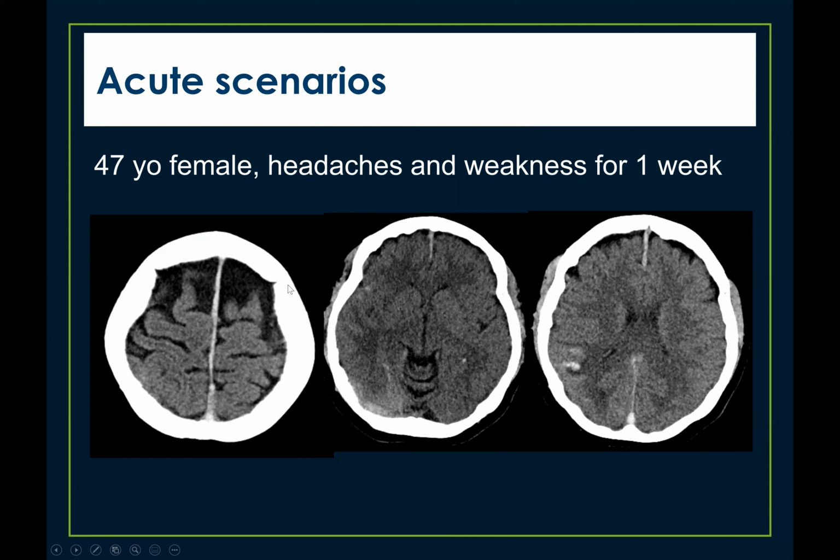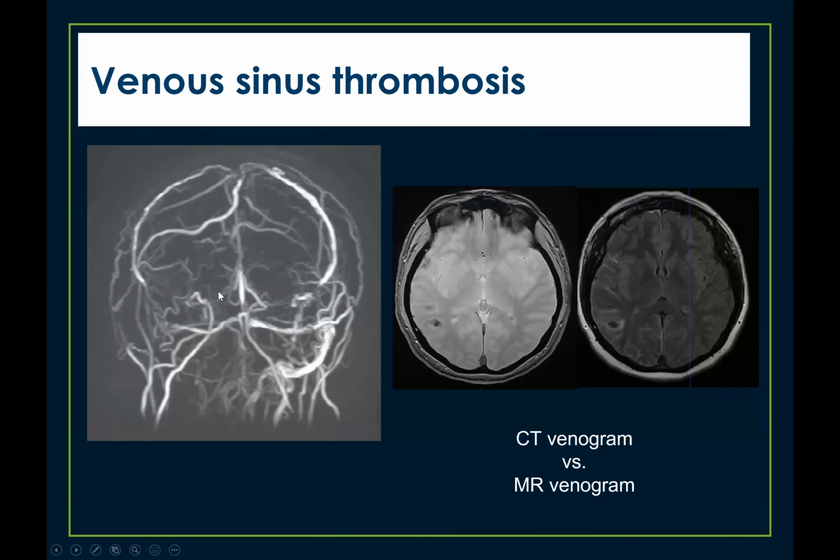What would give us all these findings? Venous sinus thrombosis should be thought of, and sure enough, there is hyperdensity, like a fresh clot in the superior sagittal sinus. This could also be venous congestion.